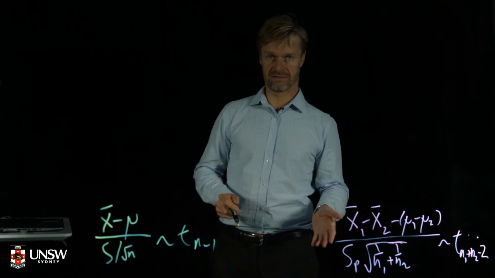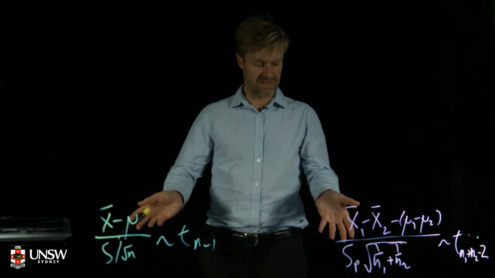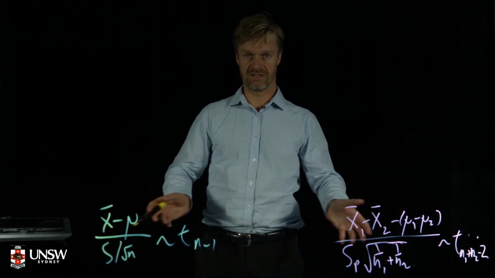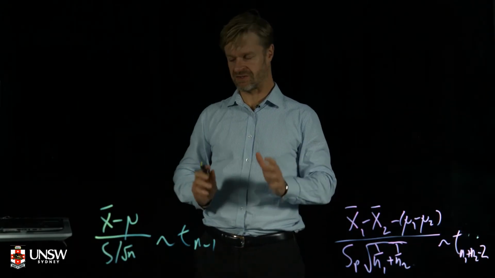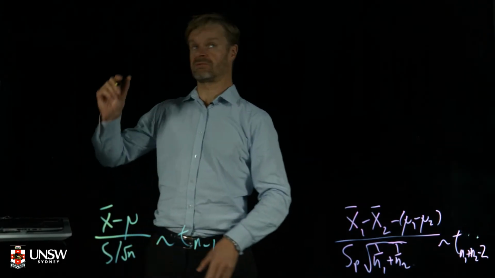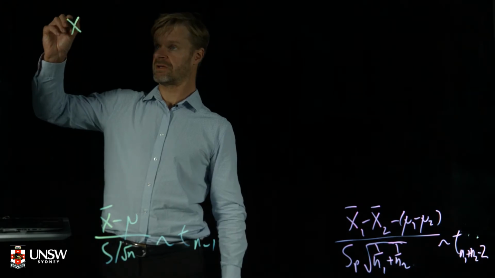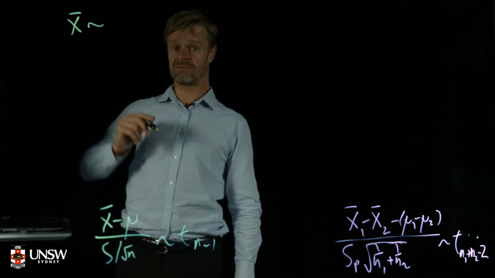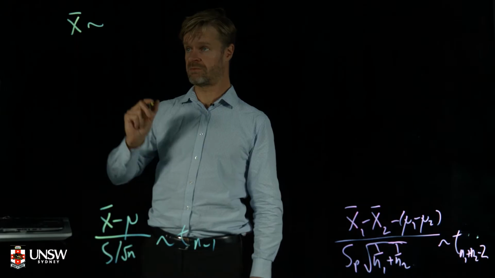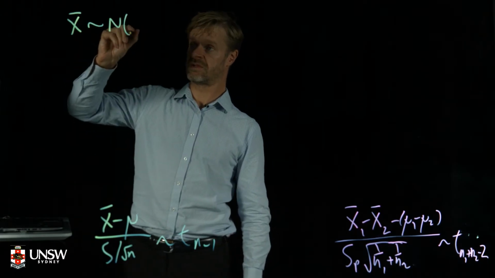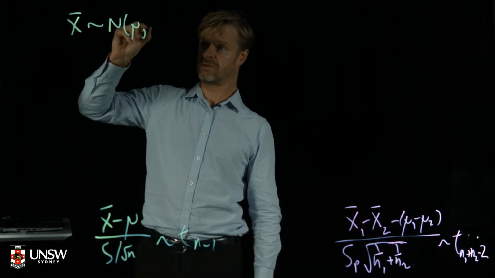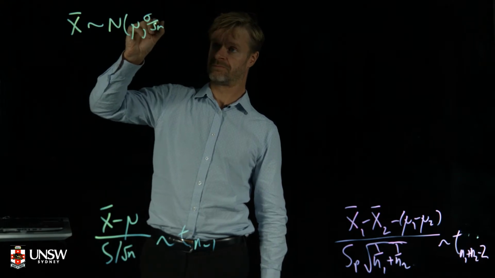Okay, so we can see from looking at these things that they're kind of similar, but where does it actually come from? Where did this result come from? We started off by saying that if you've got a normal random sample, the mean is normally distributed with mean mu and standard error sigma on root n.